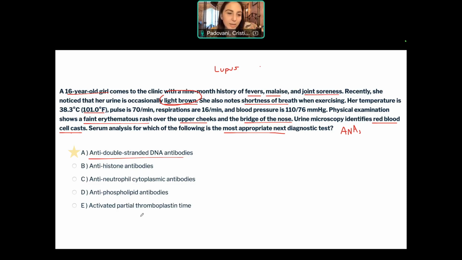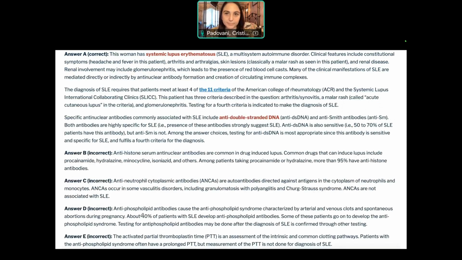If one of the answer choices said anti-Smith, which is still one of those specific ones for lupus, I would still go with anti-dsDNA because of these kidney symptoms. Remember, the dsDNA one is really good for the renal symptoms of lupus. Alrighty. So what are some things that he says here? Yeah, 4 of the 11 criteria.